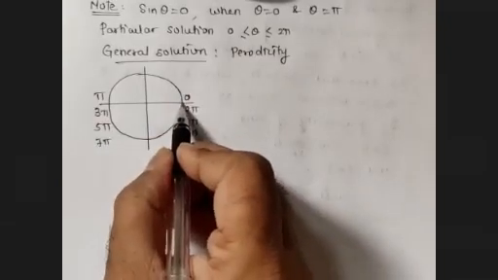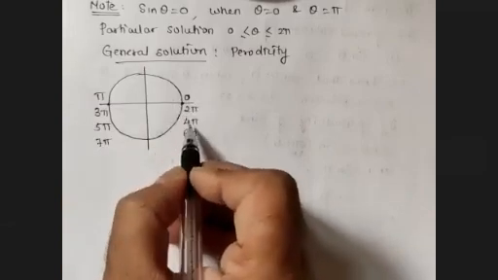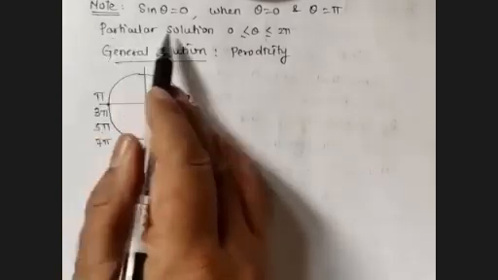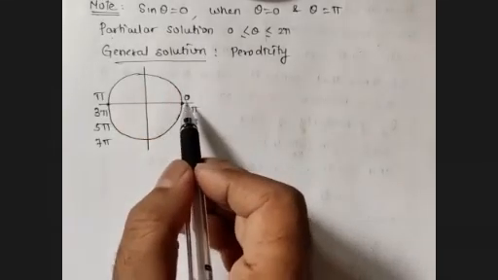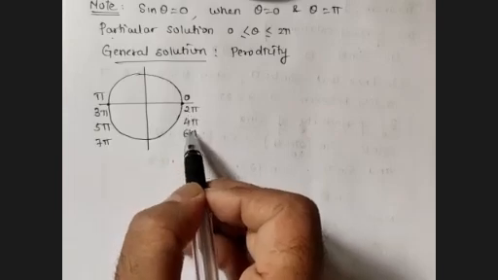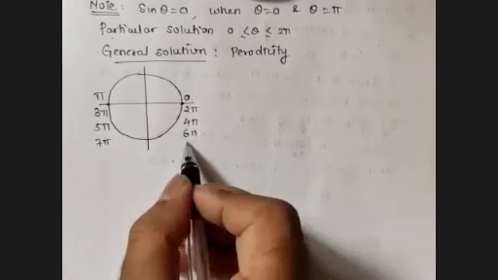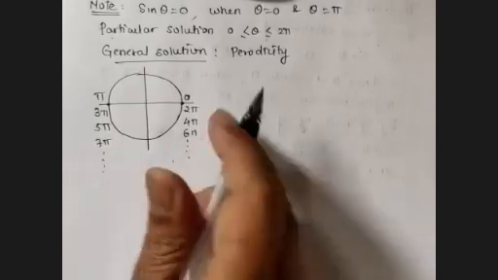So every coterminal angle gives the same value as it is given by the particular solution. So 0, 2 pi, 4 pi, 6 pi, pi, 3 pi, 5 pi and 7 pi, and so on will give the same solution.